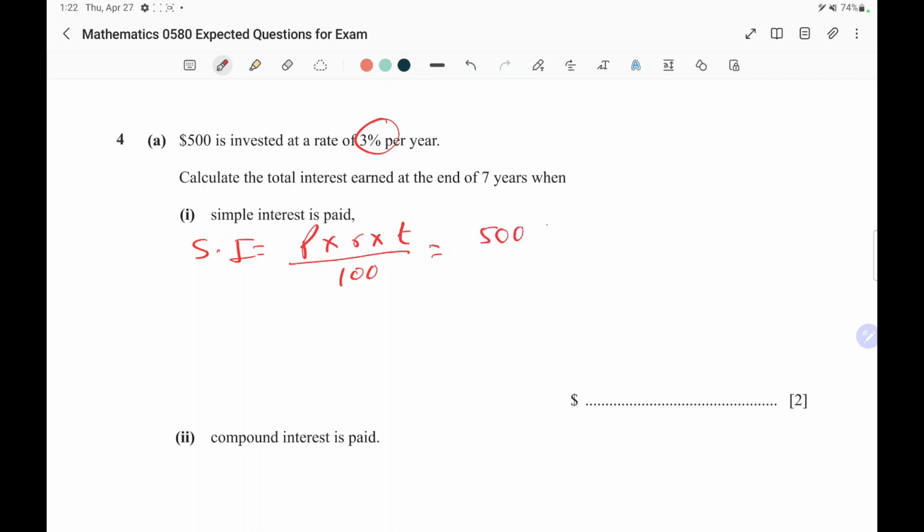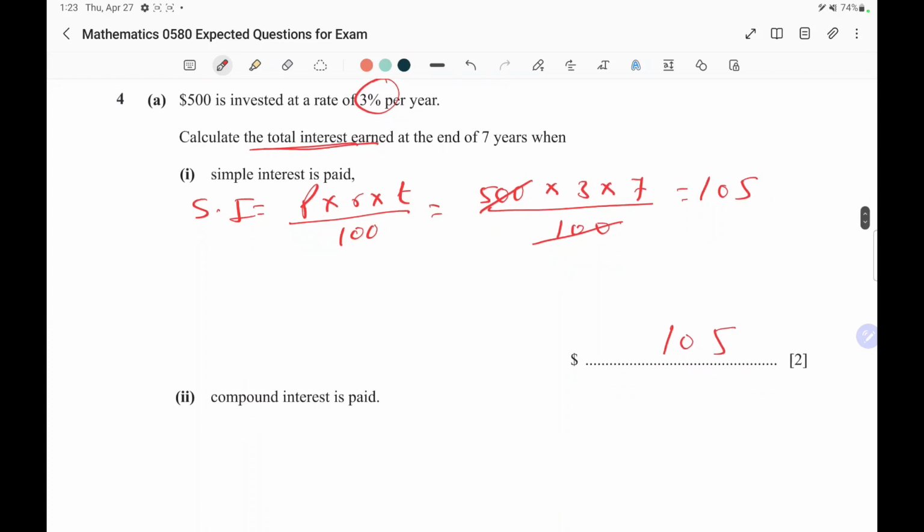So this is 500 times 3 times 7 over 100. So 20 you can cancel, then 5 times 21, that is 105. So this is your simple interest. So when calculating the total interest earned, that's 105 only. They are talking about only interest.